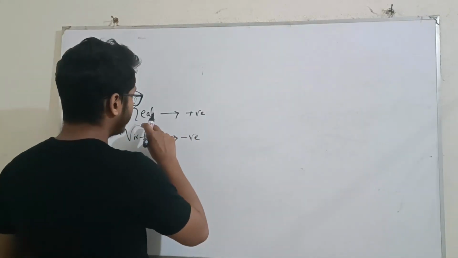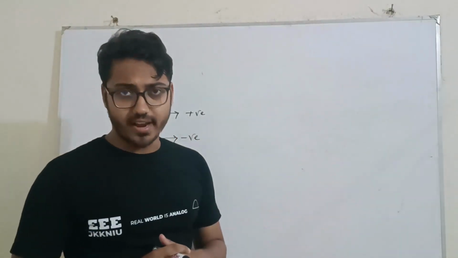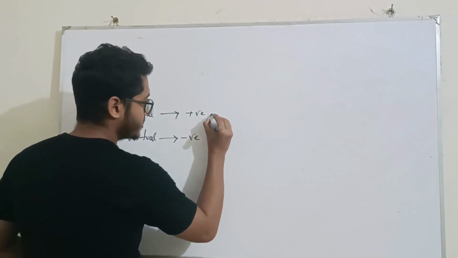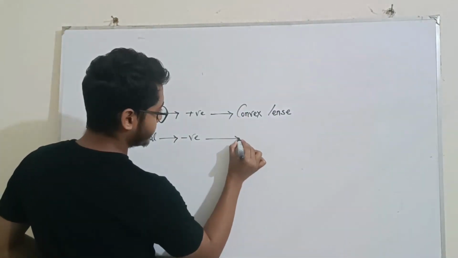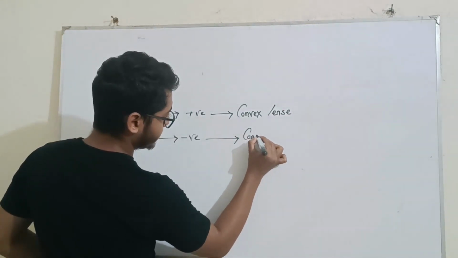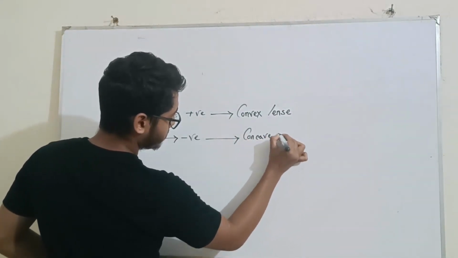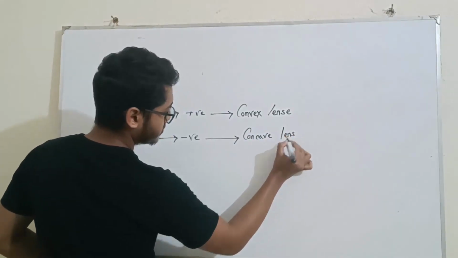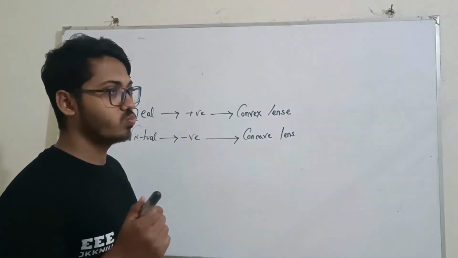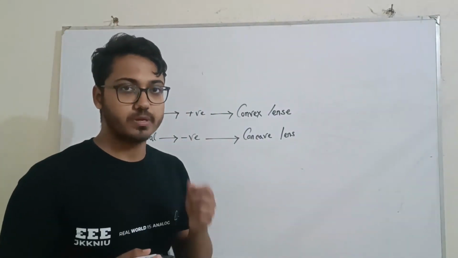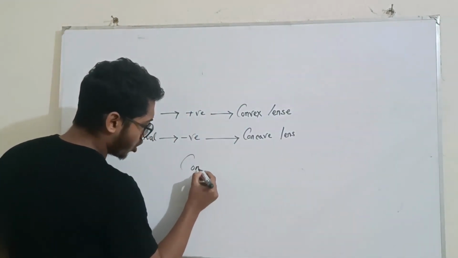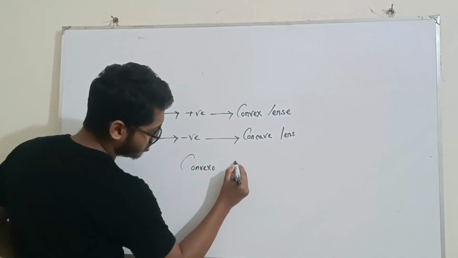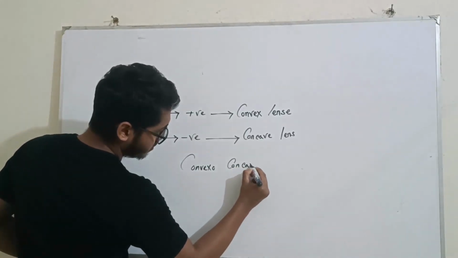Again, in terms of refraction, a real image is formed in a convex lens and a virtual image is formed in a concave lens. However, sometimes in our question paper we see that the given lens is convexo-concave.